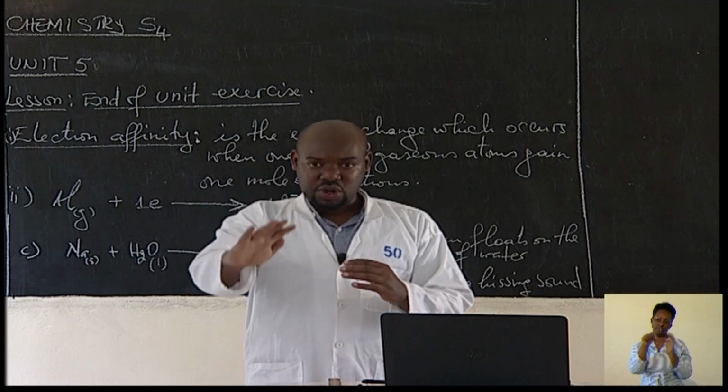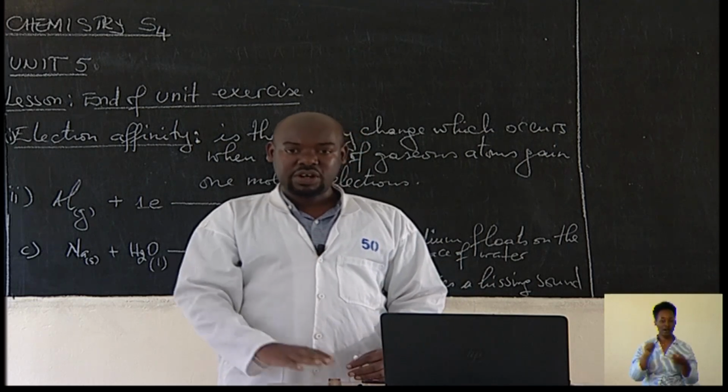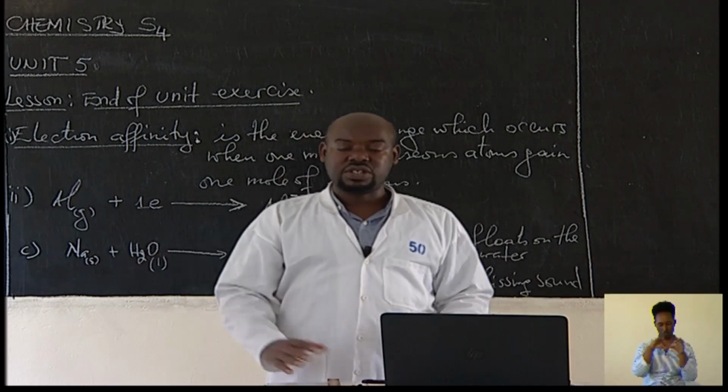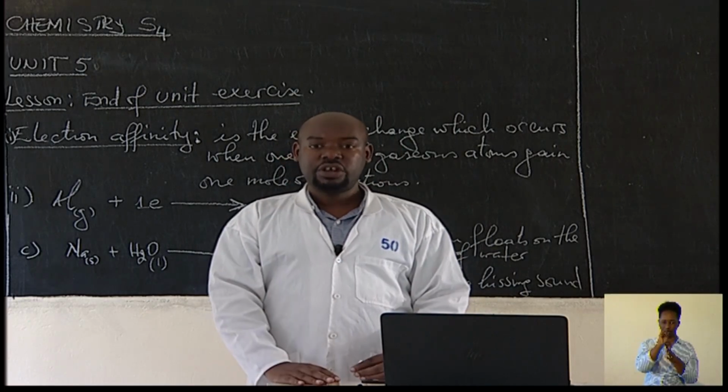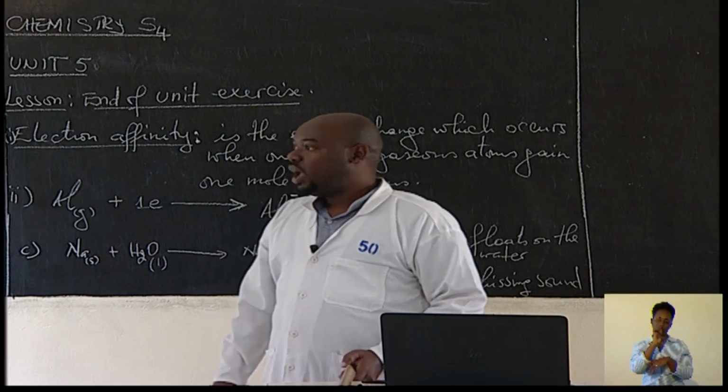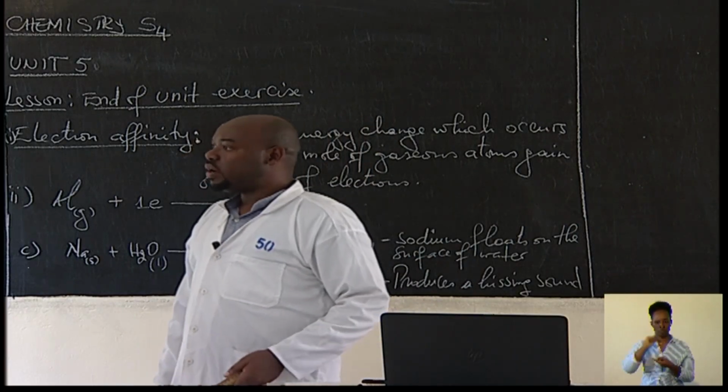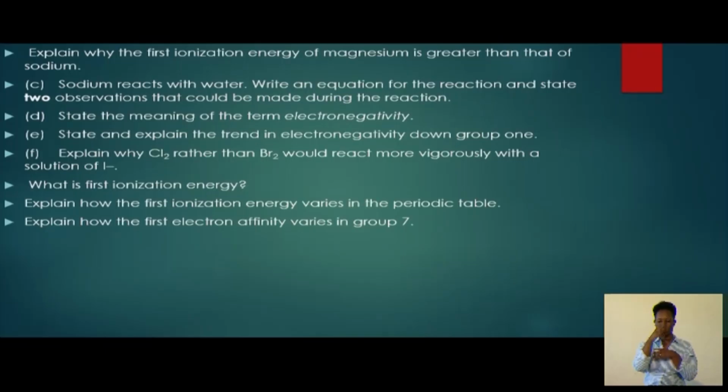It decreases as we go down the group because the size is increasing, and then the tendency of gaining electrons reduces.